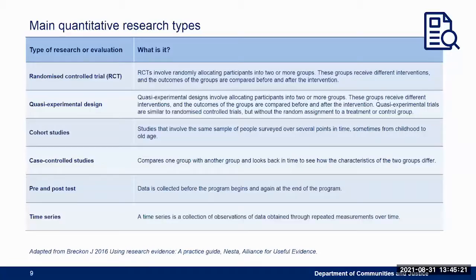Pre and post test is pretty straightforward. Data is collected before the program begins and then after, and then obviously outcomes are compared. And time series is a collection of observations obtained through repeated measurements over time. So these are probably the four main quantitative research types that you'll come across in your work.